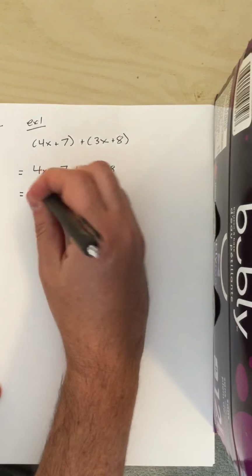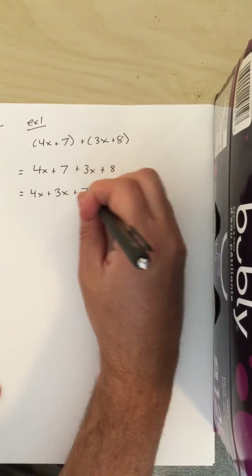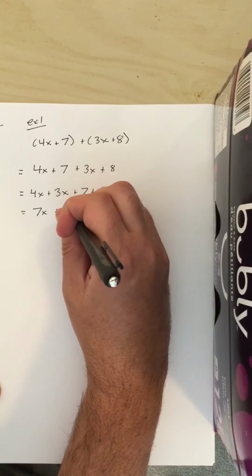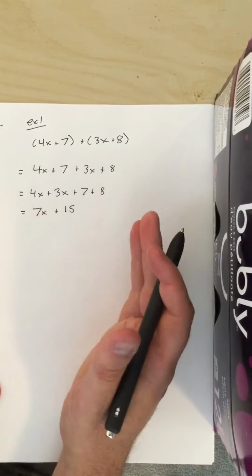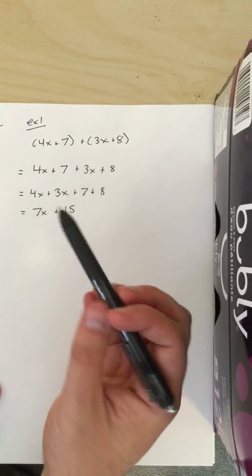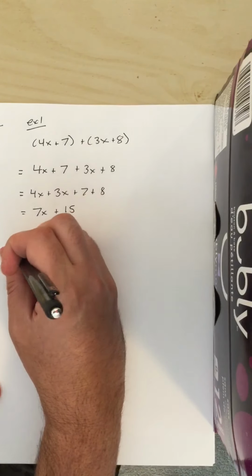So it's 4x plus 3x plus 7 plus 8, which is 7x plus 15. And that's the answer. We're not actually solving for x here. That's algebra. All we're doing is simplifying. In this case, simplifying means we get rid of the brackets and combine like terms. So that was example 1.